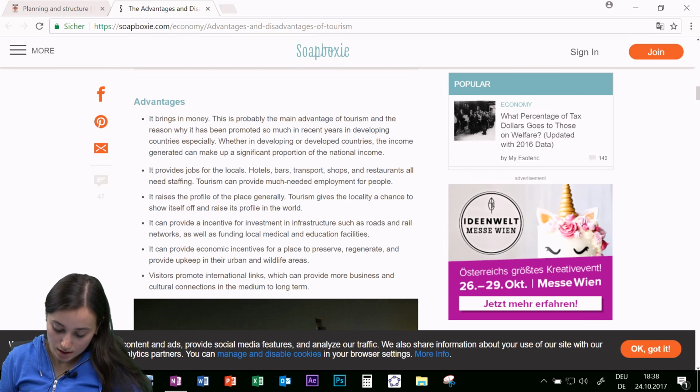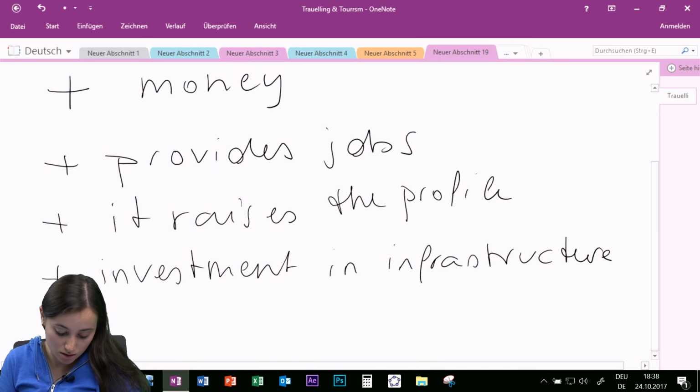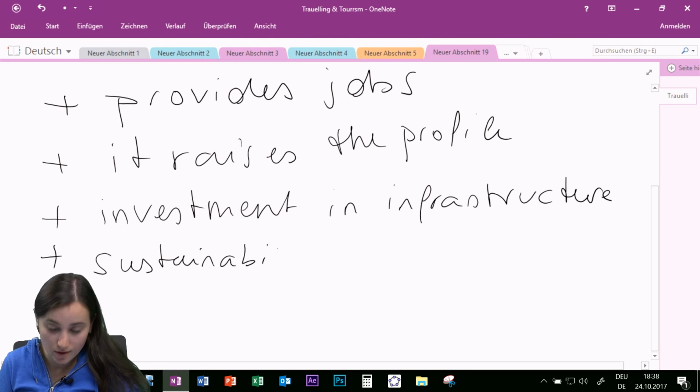For a place, it can provide economic incentives for a place to preserve, regenerate, and provide upkeep in their urban and wildlife areas. So how can we summarize that? Sustainability, maybe? Nachhaltigkeit?